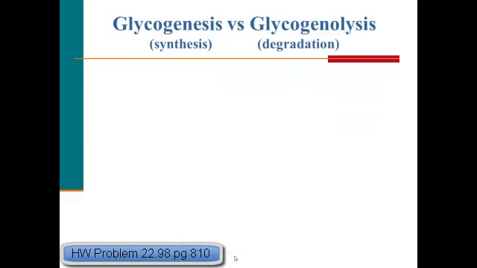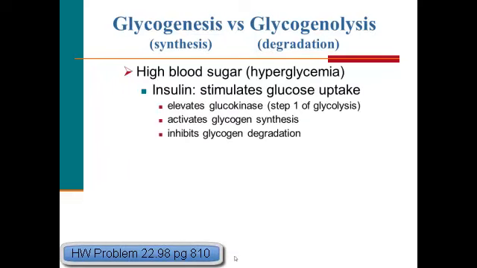So there's always going to be a balance between glycogen synthesis and glycogen degradation. Now, during times of high blood sugar, we also refer to that as hyperglycemia, insulin will stimulate cells to take in glucose and either utilize that glucose in glycolysis or store that glucose in the form of glycogen.